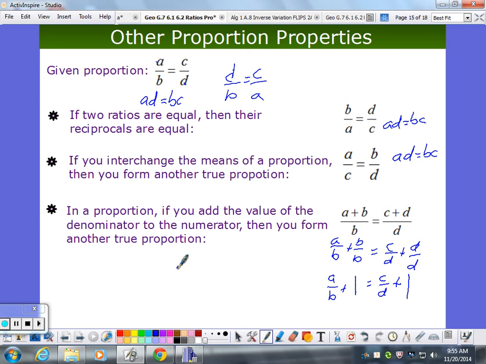If you did the same thing here, oh gosh, I hope this works. Wouldn't that be funny? So let's see, I've got AD plus BD equals BC plus BD. Subtract out the BD's, AD equals BC. So if you want to know if you have an equivalent proportion, take the cross product and compare it.